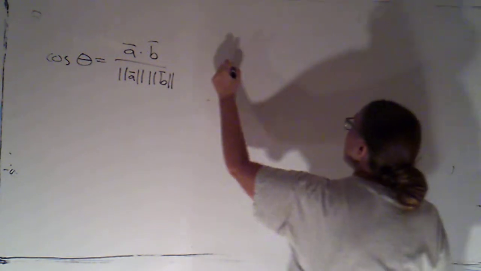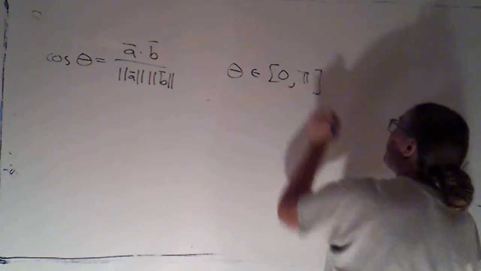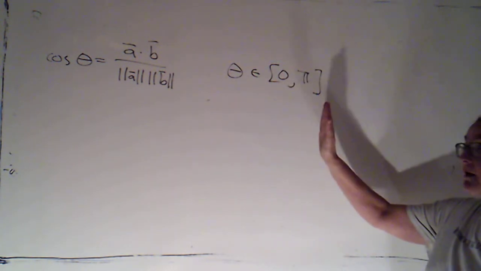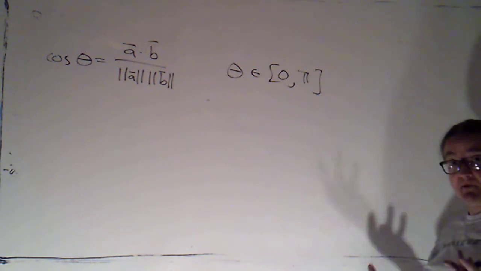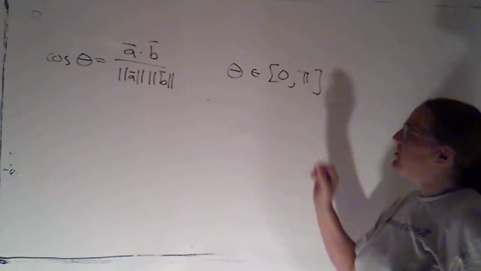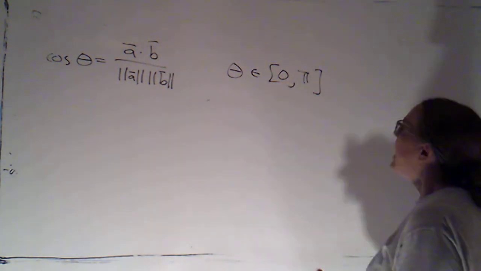I also know that theta is in the interval from 0 to pi. So it could be 0 or pi over 2 or pi. Those are the three quadrantal angles that are my possibilities. But then it could be acute or it could be obtuse. Okay?